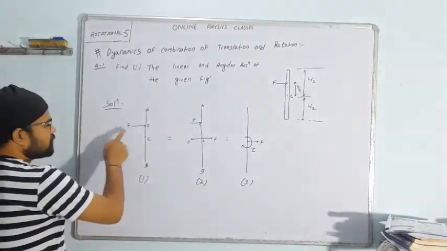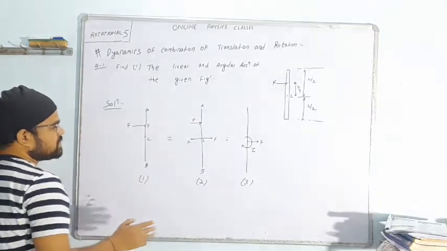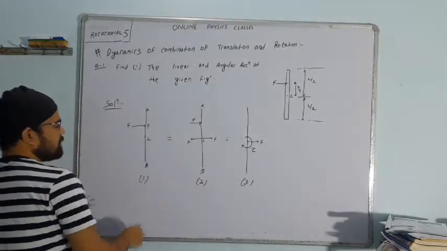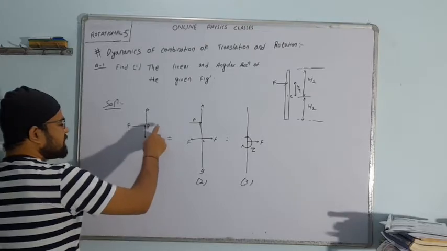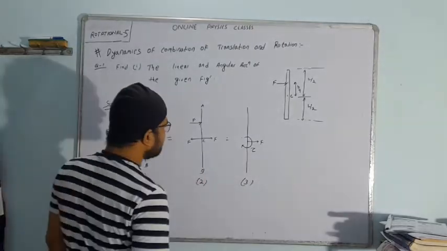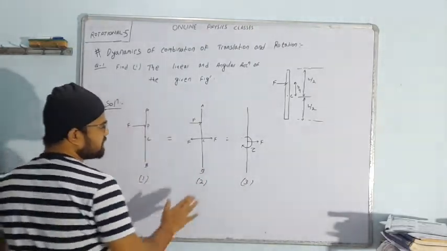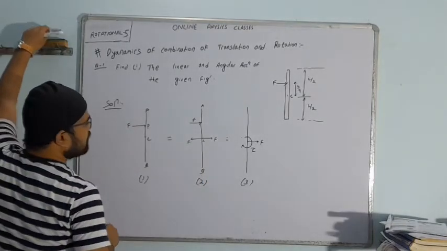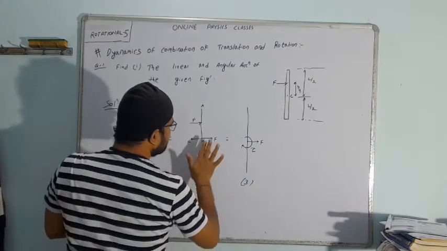If the force acts on the center, then there will be no rotation. If the force acts at a point other than the center, then there will be a torque.